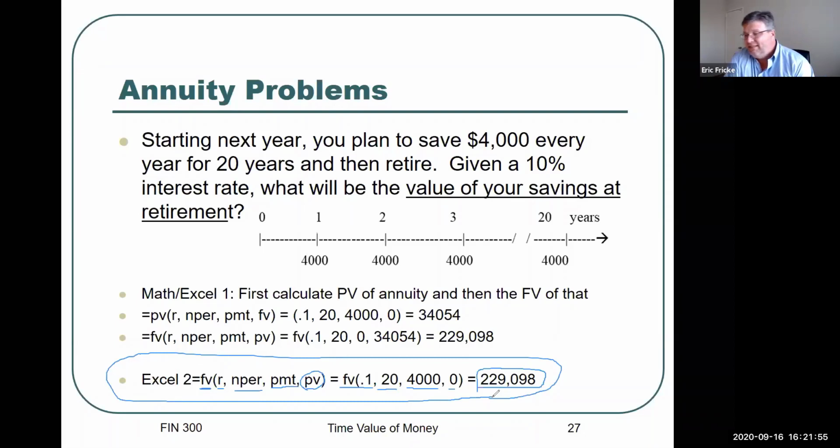Basically what it's doing is calculating the future value of an annuity. Usually we only do the PV, or present value of annuity, but given the formula, it does offer some flexibility to do that. Okay, so whatever method you prefer is fine with me. And I realize it does take some practice to get a hang of it.